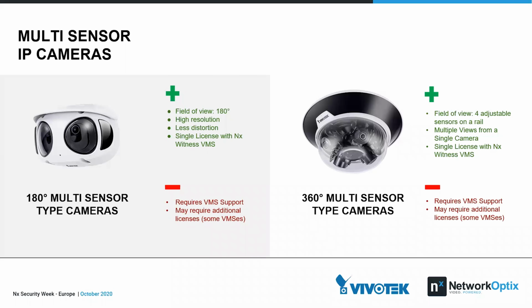However, some cameras use more sensors. For example, this one has 2. You also have some cameras with 4 sensors, so up to 20 million pixels. And the idea is that you can cover 180 degrees with much more resolution. These are more dedicated to building perimeters. You put it on the wall, very high, and you can see everything on the perimeter.